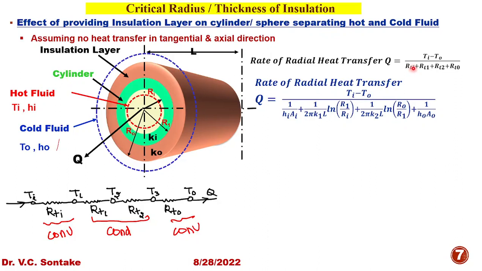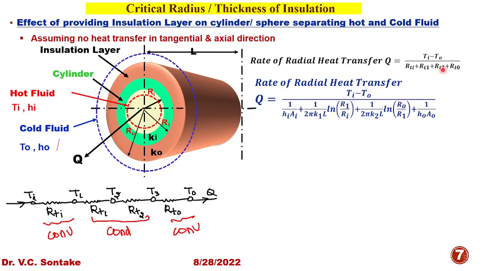This convective thermal resistance of hot fluid can also be given by the expression 1 over hi Ai. Conductive thermal resistance of the cylindrical wall is given by 1 by 2 pi k1 L log of r1 over ri.